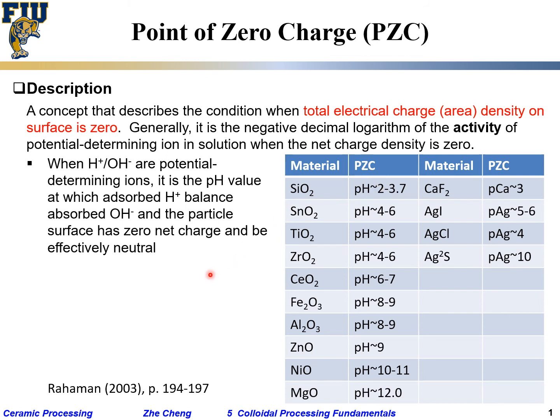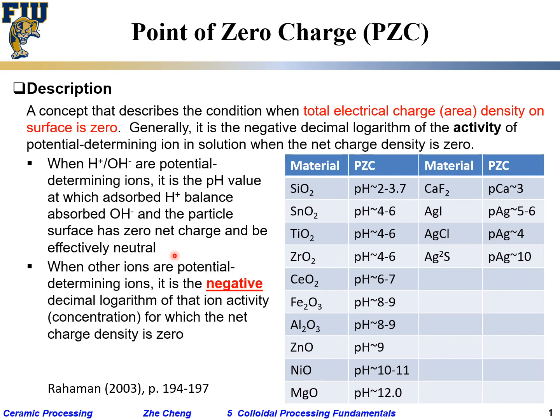Okay, aqueous solution. On the other hand, there will be certain ceramic materials that you dissolve in water, but the charge determining species may not be proton or hydroxy group. So the PZC for these types, like calcium fluoride and silver iodide, is the negative decimal logarithm of that ion activity for which the net charge density is 0.